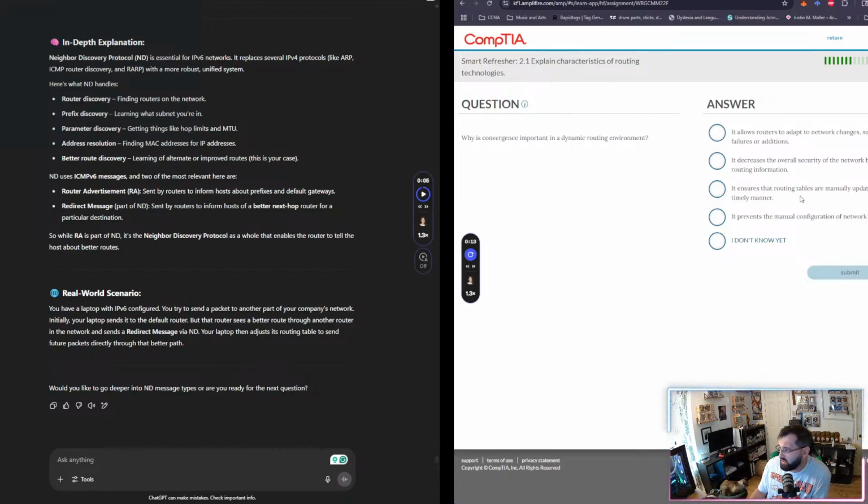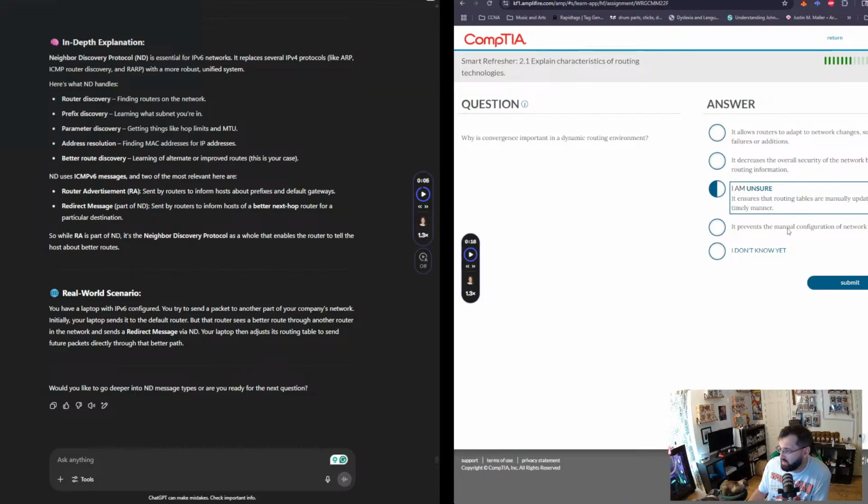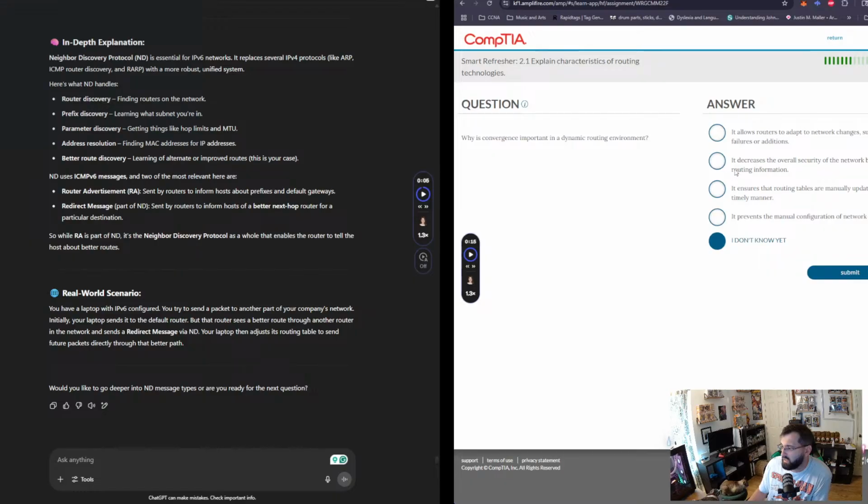It ensures the routing tables are manually updated. So this is saying that it ensures manual. This says that it prevents manual. This has nothing to do with manual. I don't know. I don't know.